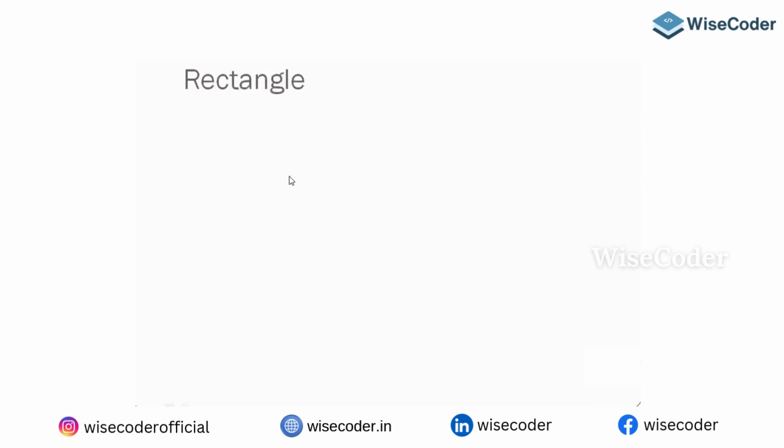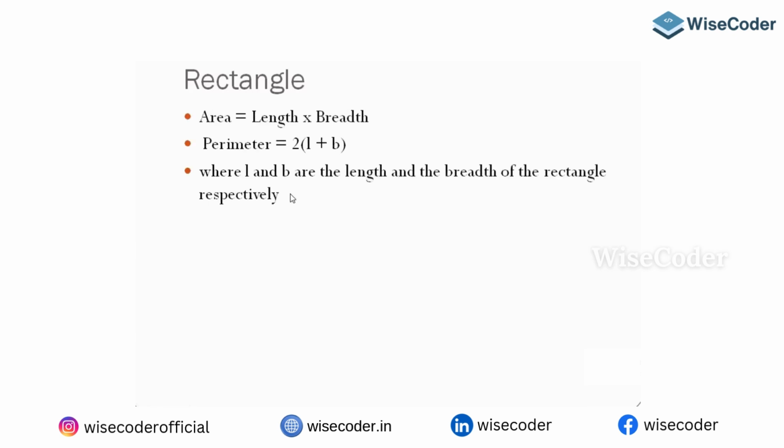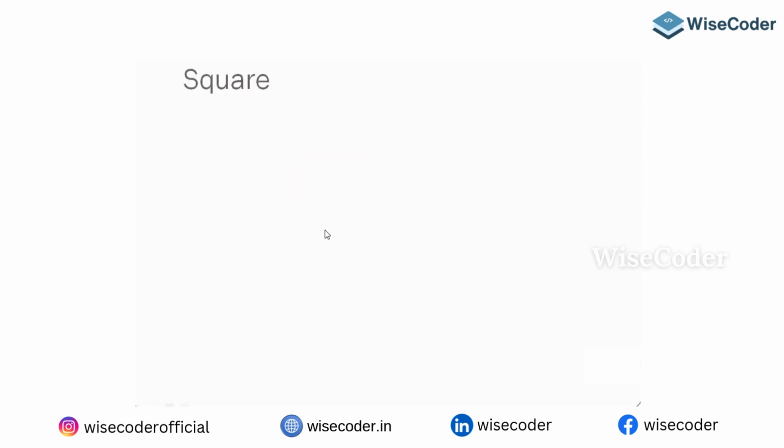And rectangle: rectangle area is equal to length into breadth and perimeter is equal to 2 times (L plus B), where L and B are the length and breadth of a rectangle respectively. That's what you need to understand. And how about square?